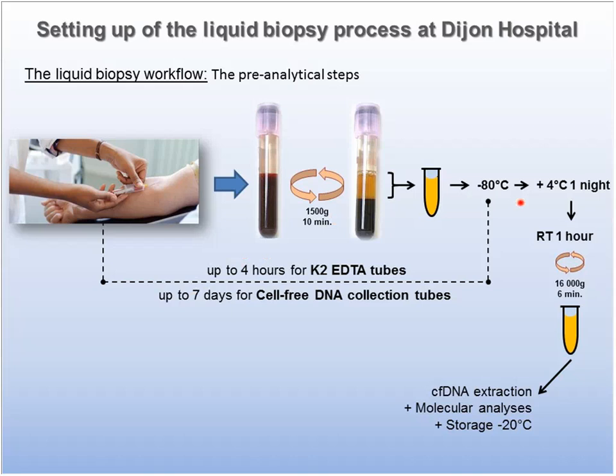Then, before the analysis of plasma, we thaw them by putting them at 4 degrees, and after 1 hour at room temperature, then we perform the second centrifugation, and we perform the cell-free DNA extraction and molecular analysis. So you also have to know that the pre-analytical step is very crucial for the integrity of cell-free DNA. That's why we respect this strict process.